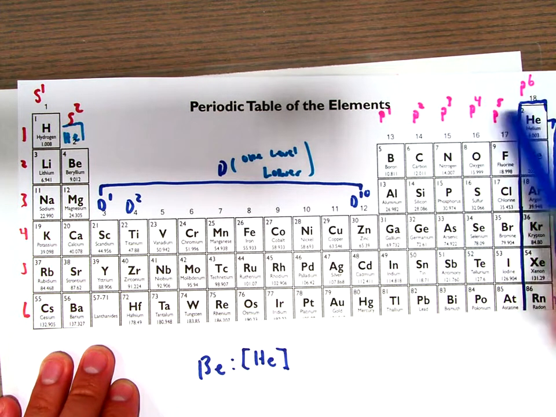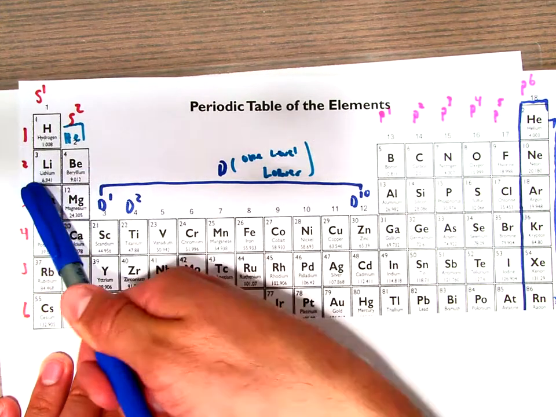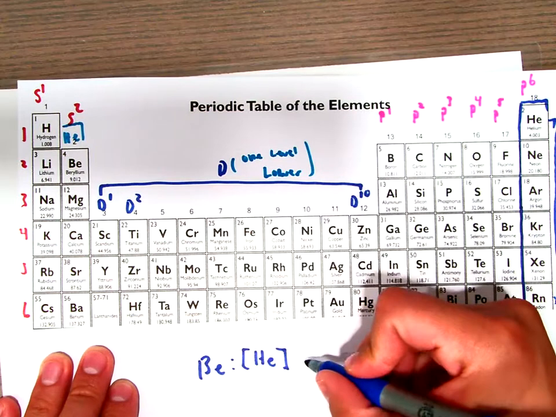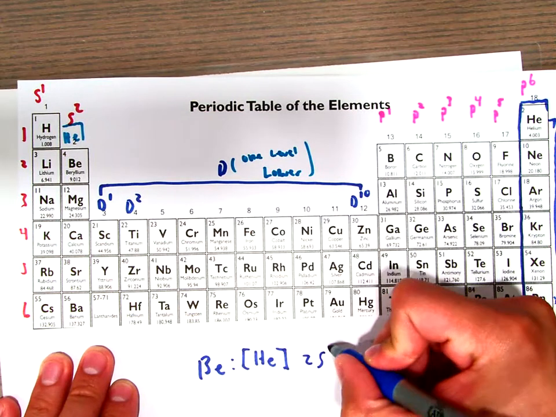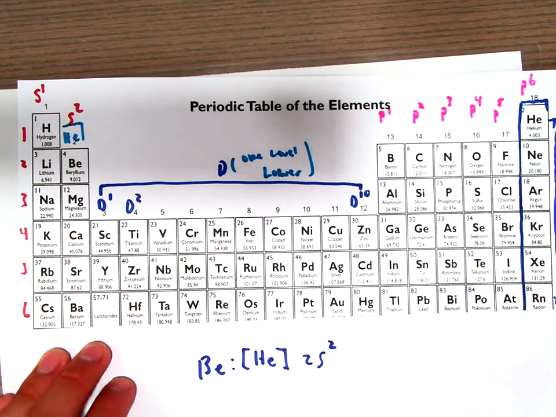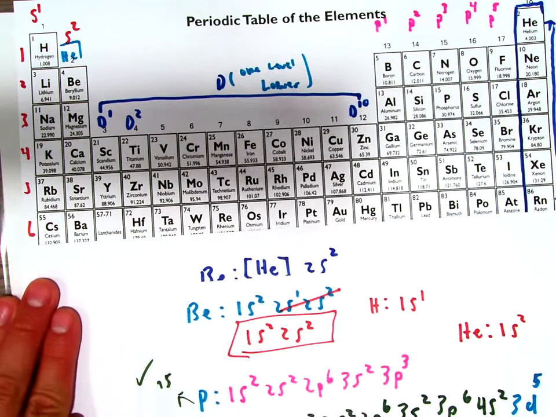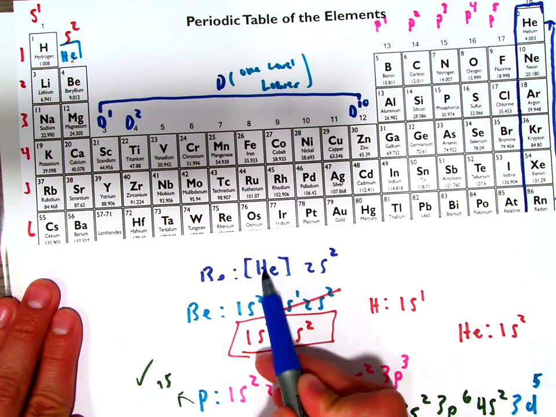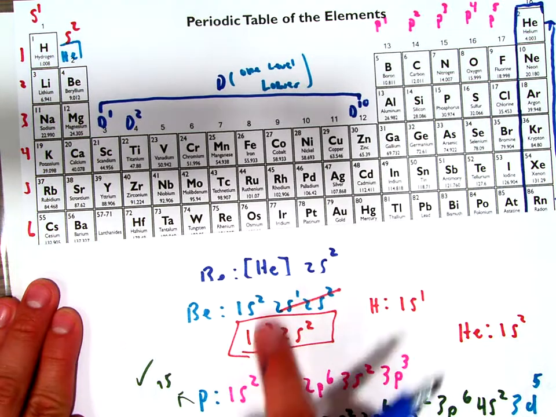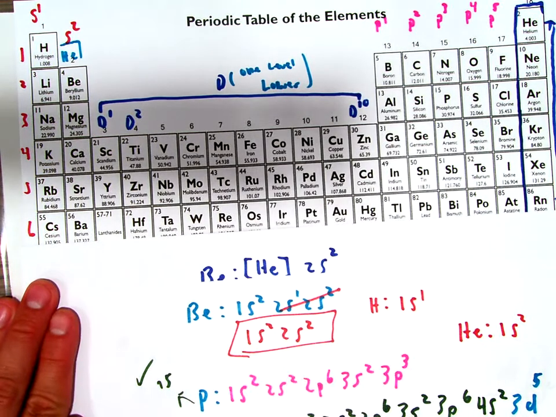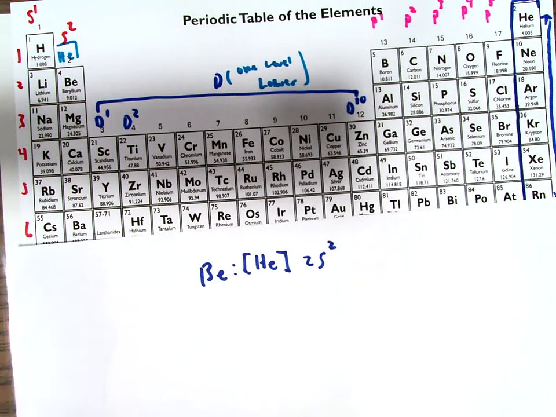So I go 2s1, 2s2. And that's it. It's just a shortened version, and it means the same thing, because if we look at before, this was our configuration, and 1s2 is just helium. So basically, this takes the place of this. It makes it shorter, and it makes some of the longer ones a lot shorter.